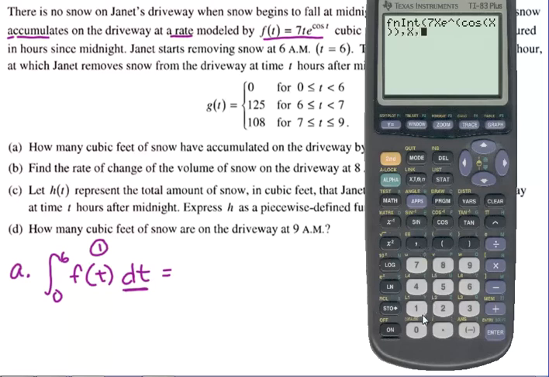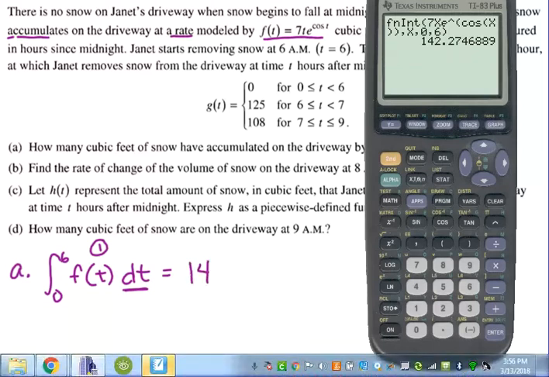Comma x, comma lower bound 0, comma upper bound 6. Close your parentheses. Give it time to think. And it is 142.274 cubic feet. You get 1 point for the integral, 1 point for the answer.